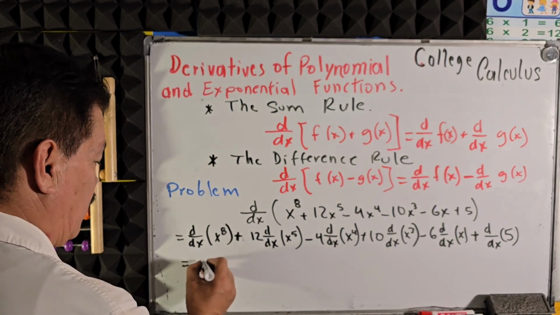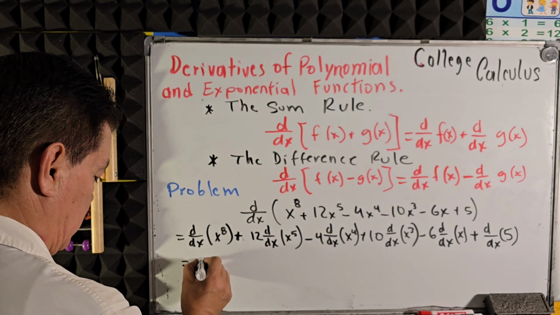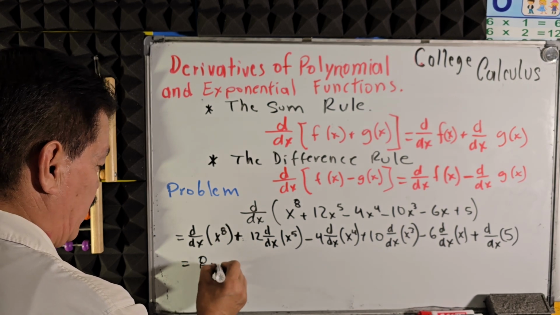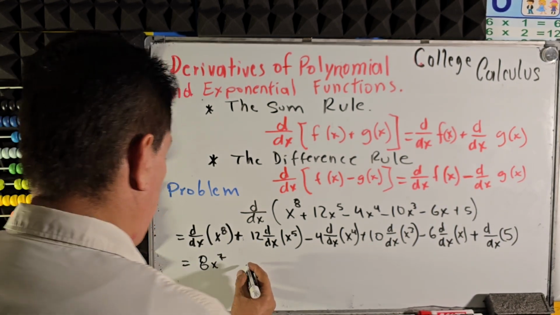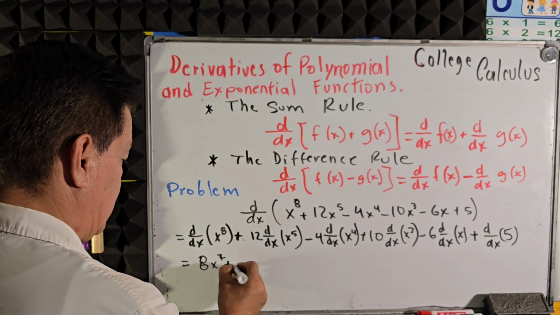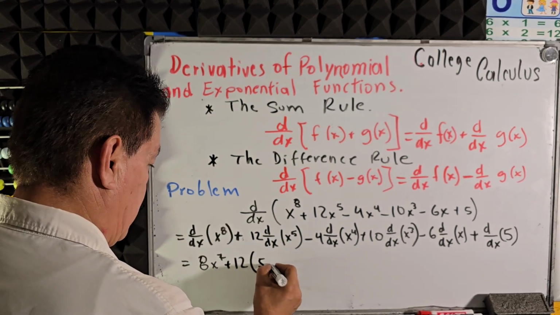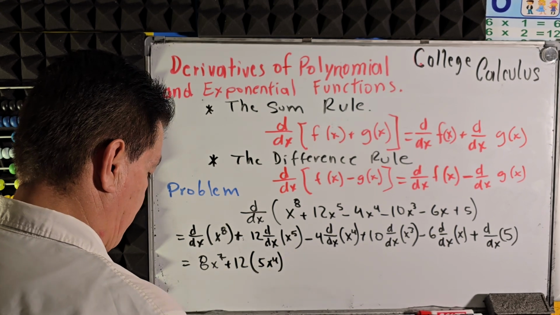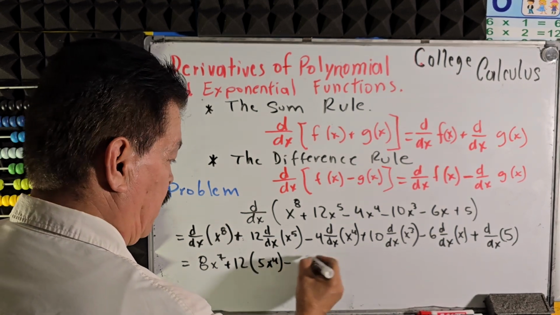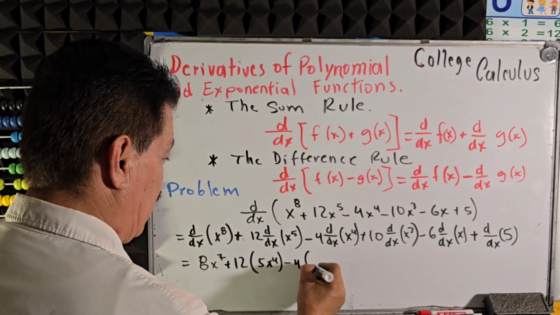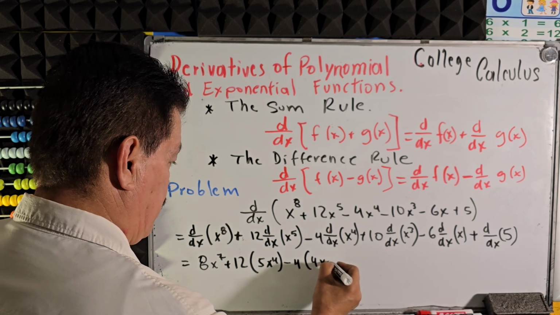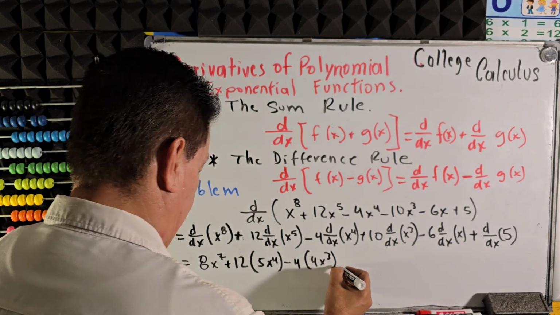So right, the first one we will have in the first answer 8x to the 7th power. All right. Plus now 12 times 5x to the 4th power. Minus, here we have 4 times 4x to the 3rd power.